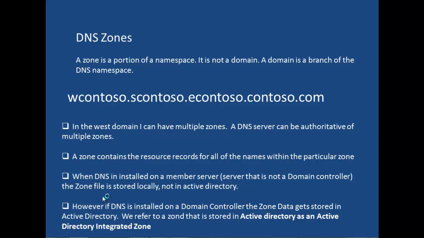What we want to concentrate on in this session is storing that DNS zone database in Active Directory. And when that is done, we refer to the zone as an Active Directory integrated zone. And that is the type of zone that we want to look at in this session.